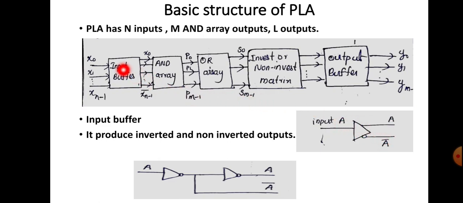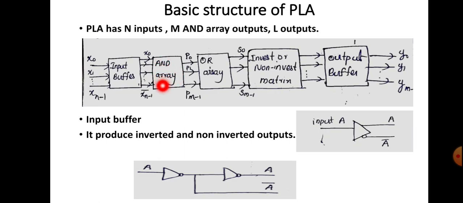At the output, if we give x0, we get x0 and x0 bar. Similarly we get x1 and x1 bar, and for xn minus 1 we get xn minus 1 and xn minus 1 bar. These outputs will be given to the AND array.